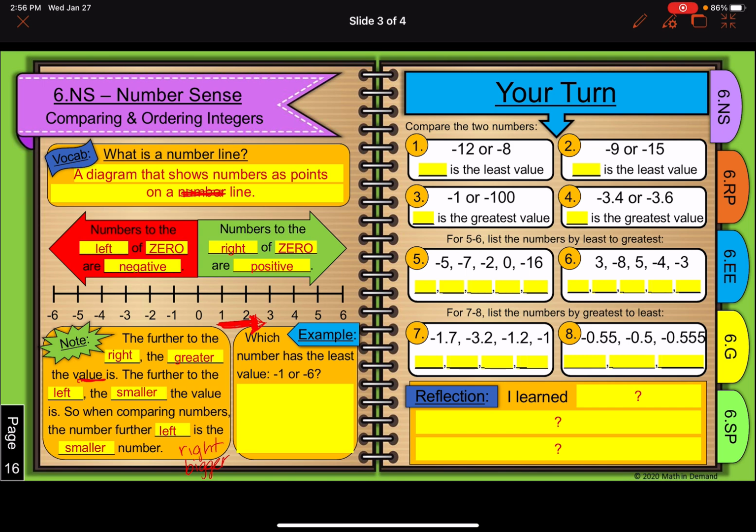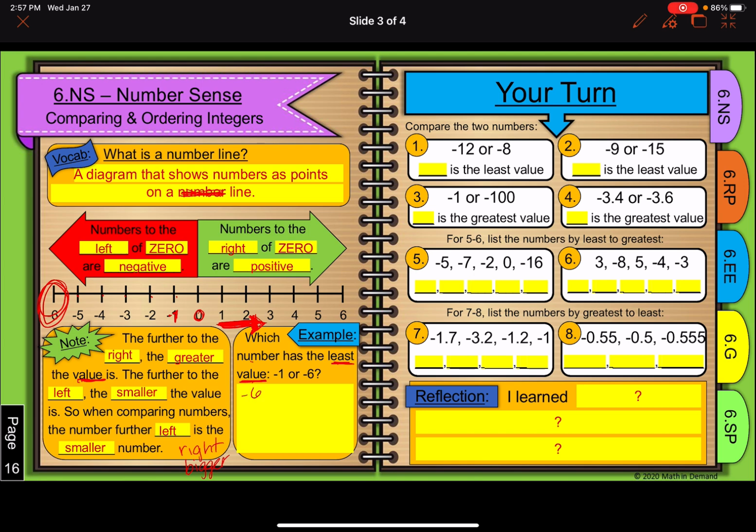Okay, so let's take a look at how this works. Which number has the least value, -1 or -6? Well, you have 0 right here on your number line, and -1 comes directly after it. And then we know that to get to -6, we have to keep going left. Since -6 is further to the left, it has the smaller value.